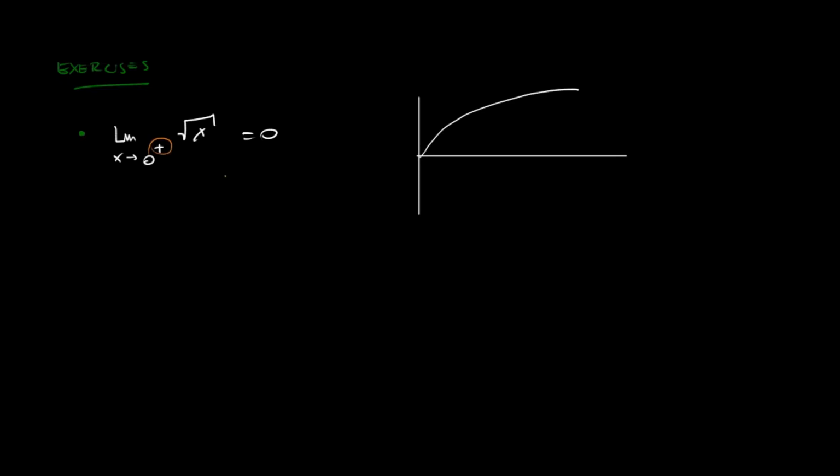We're looking at the limit to the right. That means we have to get closer to 0 in this direction, looking at the values of x greater than 0. And when we do this, we notice we get points that are closer and closer to 0. So we know this is true.